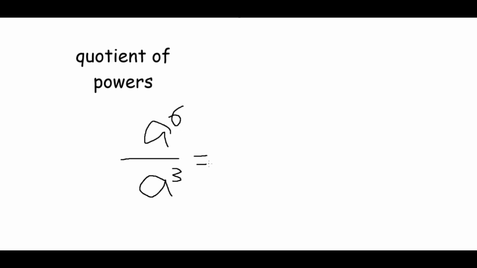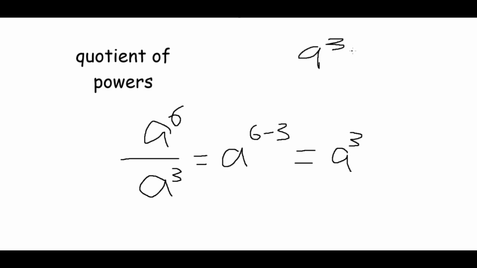Whenever we divide a power by a power, we'll subtract the exponents. So 6 minus 3, which is a to the third. Now this is the opposite of the product of powers, where we add the exponents. As for our quotient of powers, we'll be subtracting them.